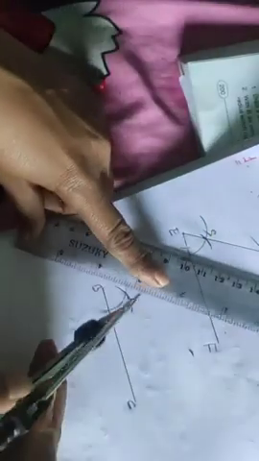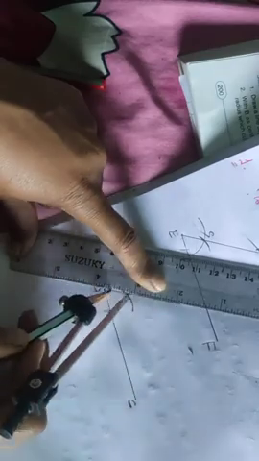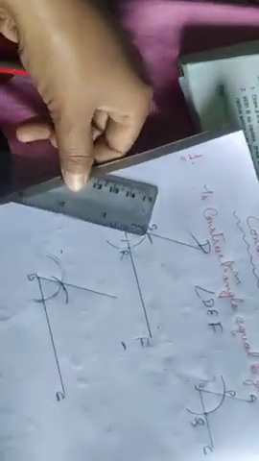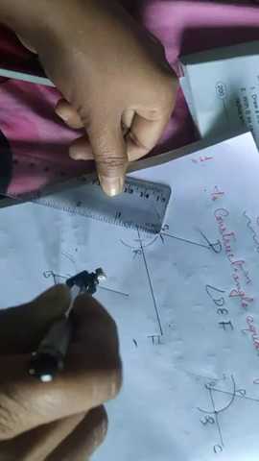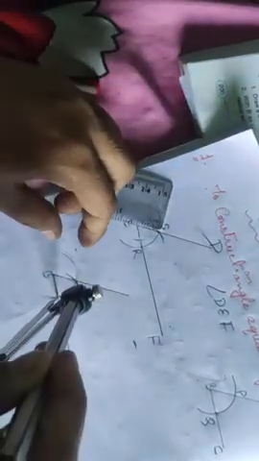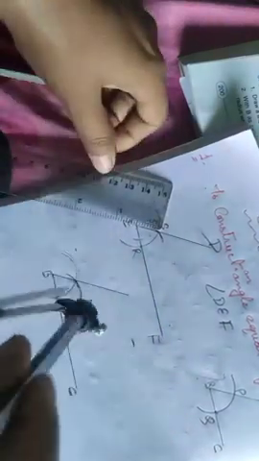Now join this like this, and now measure the radius, like this, and draw an arc here. One side, this side, and now this side.